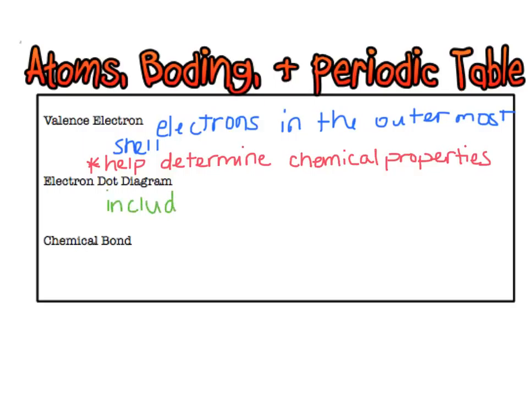So what's the symbol for hydrogen? H. So my symbol for hydrogen would be H, for example. So it includes the symbol and the valence electrons surrounding it.